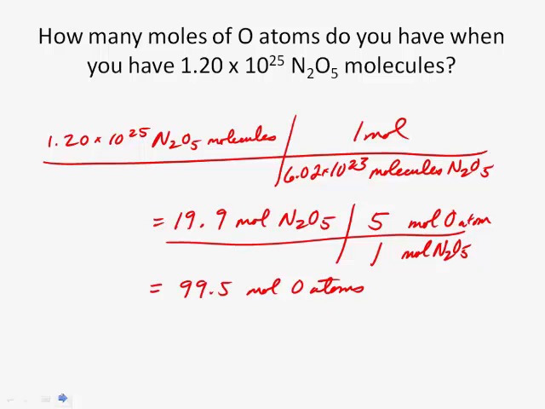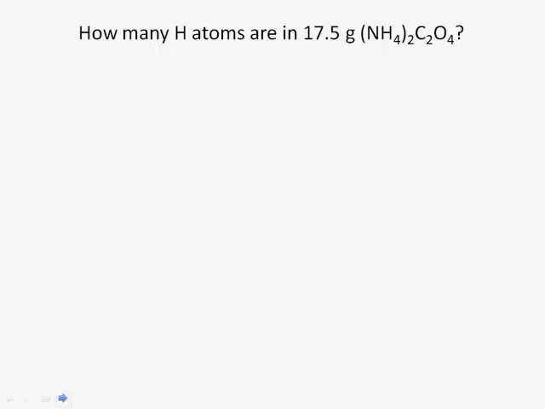Okay? All right, let's look at another one, kind of similar. Here I have 17.5 grams of ammonium oxalate, (NH4)2C2O4.